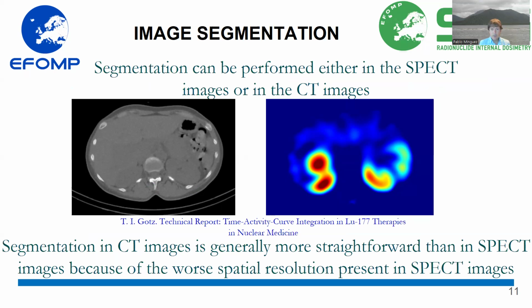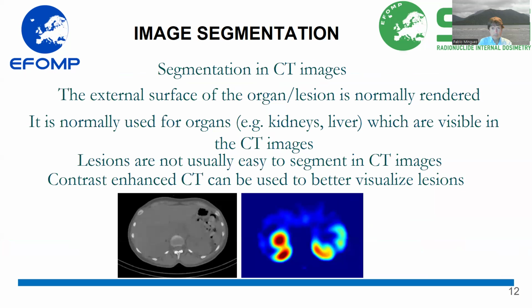As I mentioned before, in the CT image the spatial resolution is lower than 1 millimeter, but in the SPECT images it is greater than 1 centimeter. If we perform segmentation in CT images, we could just delineate or render the external surface of the organ or the lesions. But this segmentation in the CT images is normally performed for the organs which are clearly visible in the CT image.